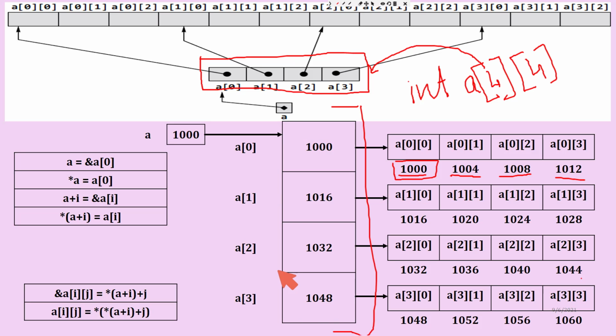So internally there will be a one-dimensional array also. It is totally invisible to the programmer. It is an internal array of pointers, meaning an array which can hold address values, and internally the row addresses will be stored here.